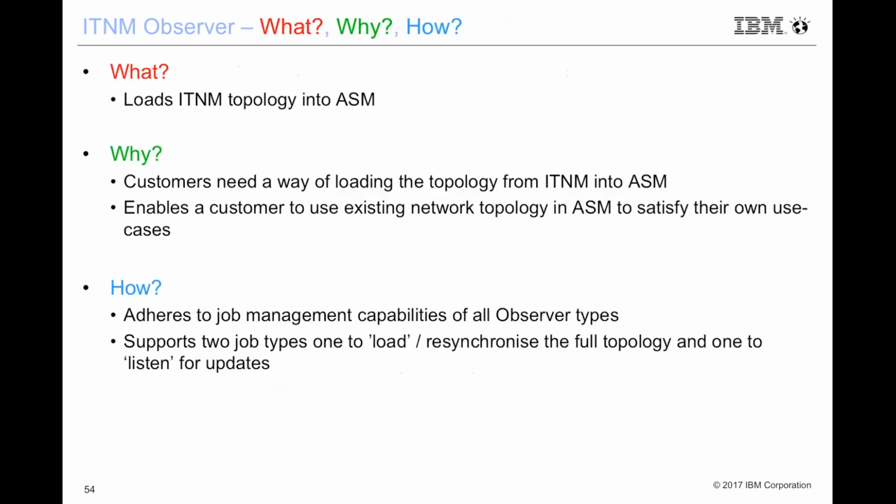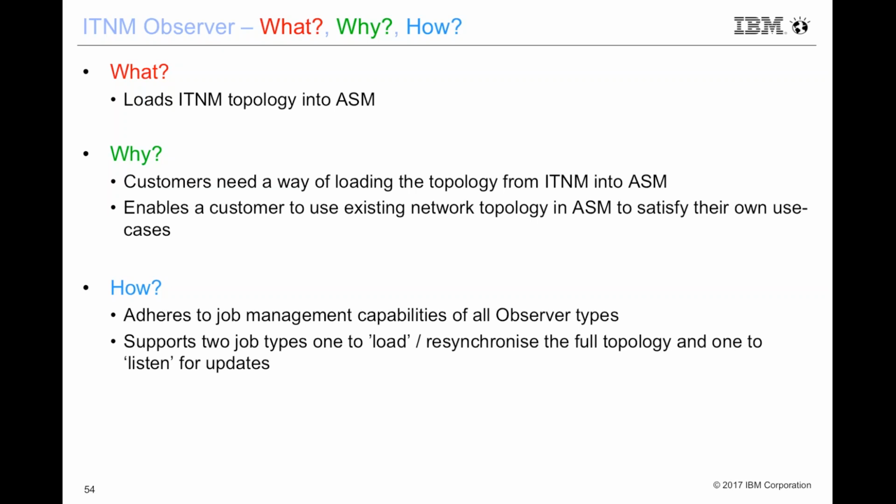So for the next, we're now going to briefly cover the 3 different observers that have provided data in this demo. Not a lot to say on this page other than that the ITNM observer does load topology into ASM. One of the reasons we do that is that ASM and ITNM complement each other.